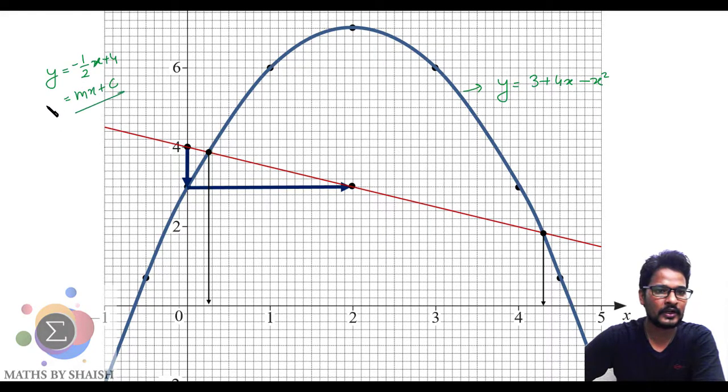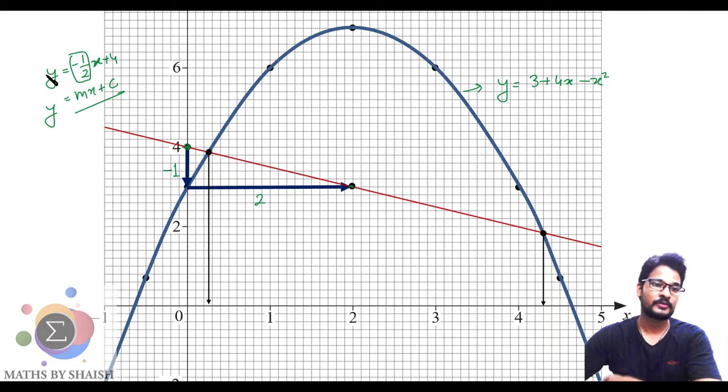I'm going to use y equals mx plus c, and here c means the y-intercept is 4, so we got 1 point here. Another is the gradient m, which is -1 by 2. Minus 1 means going down by 1 unit and going ahead by 2 units, so we got another point. So by joining these 2 points we get the straight line y equals -1 by 2x plus 4.